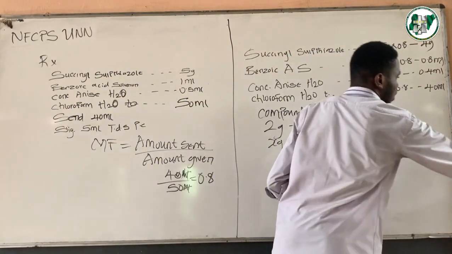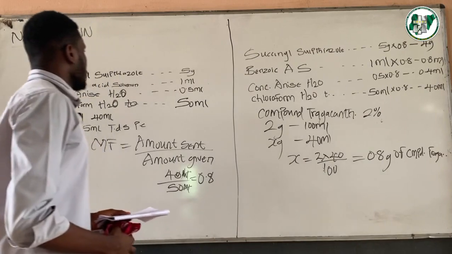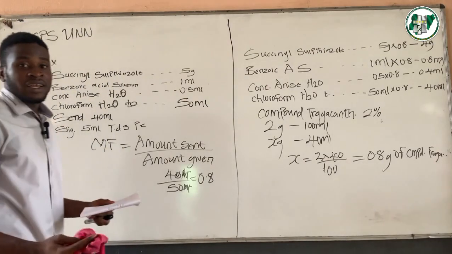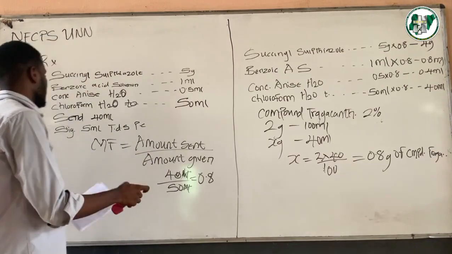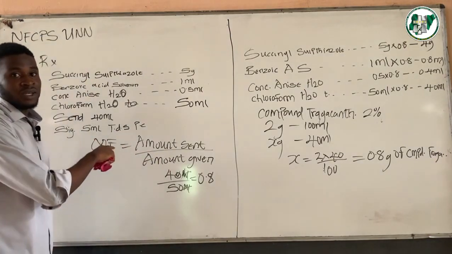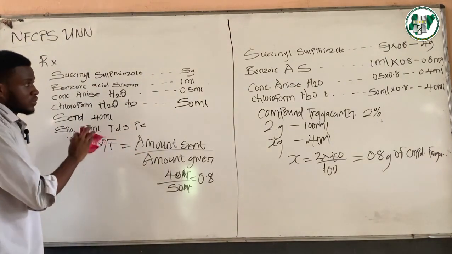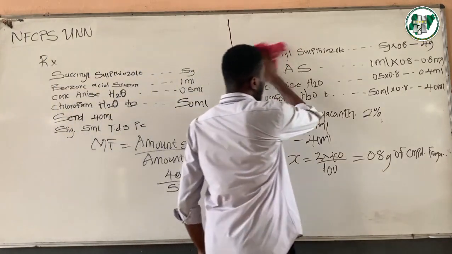Now we are going to talk about our label. Remember, I told you that the first thing you do in the practical exam is to get your label, to write out your label. And it's important for you to know the interpretation of the direction that the question tells you to give. So we are going to write the label. Let me write it here.